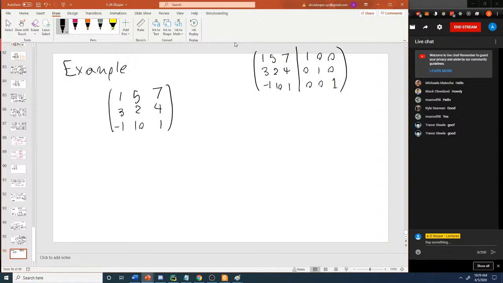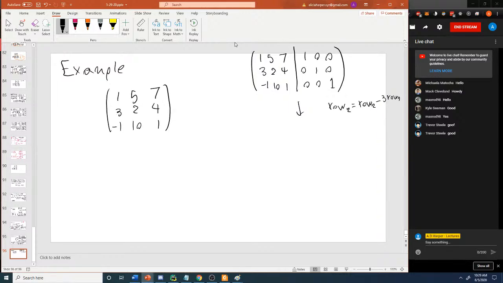Now, watch what happens when I subtract 3 times row 1 from row 2. So row 2 is going to be equal to row 2 minus 3 times row 1. So say we apply this operation. Let's see what happens. Well, the first row stays the same, so I have 1, 5, 7, 1, 0, 0.